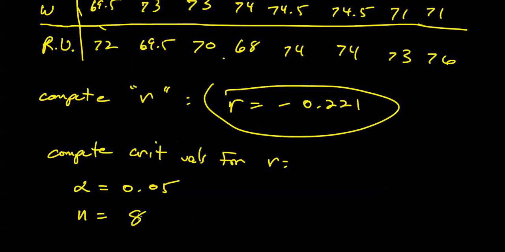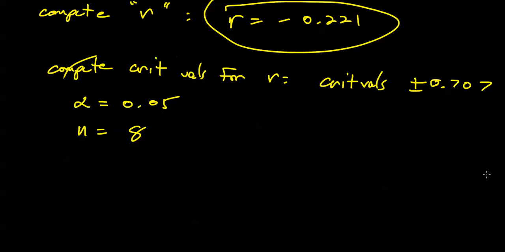So if I look under 8 pairs of data in that row in table A6, under alpha equals 0.05, I get critical values of plus or minus 0.707. Okay? That's going to determine the bar, so to speak, the height of the hurdle I have to overcome to establish whether a significant correlation exists or not.